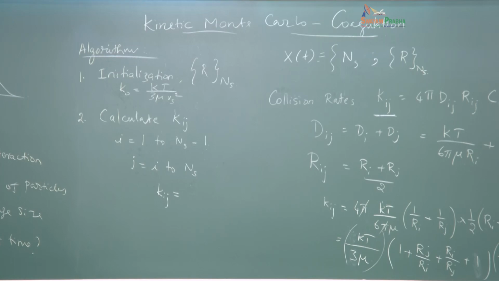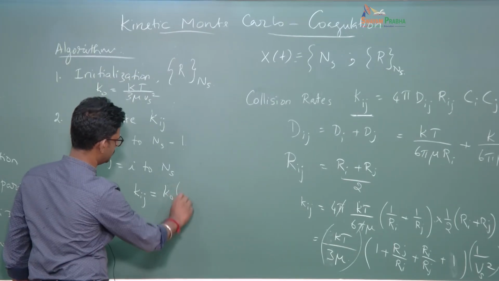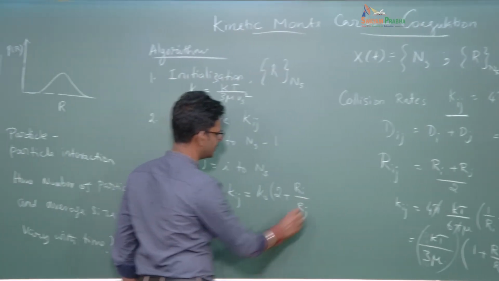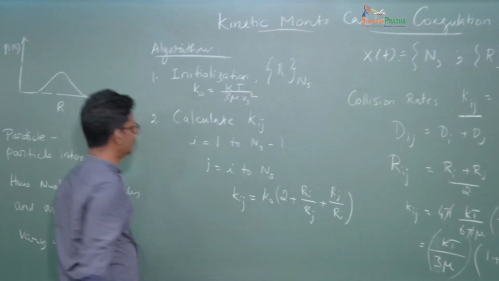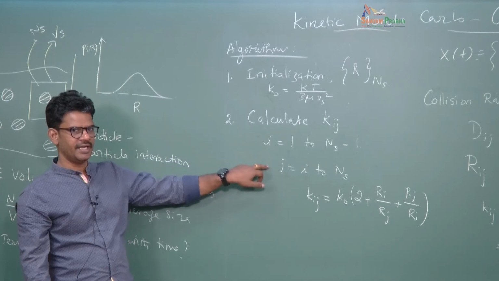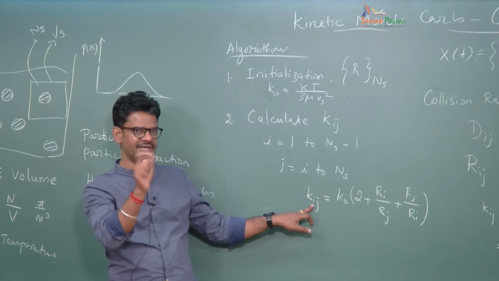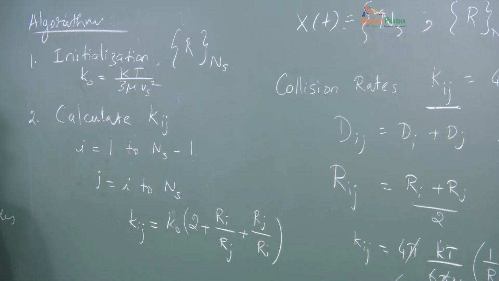That's a prefactor, and this Kij is given as k naught times 2 plus Ri by Rj plus Rj by Ri. So when I do this looping over i and j, I am taking particles of size Ri and Rj, and I am calculating the collision rate for that particular pair, which depends on the respective sizes and some prefactor.